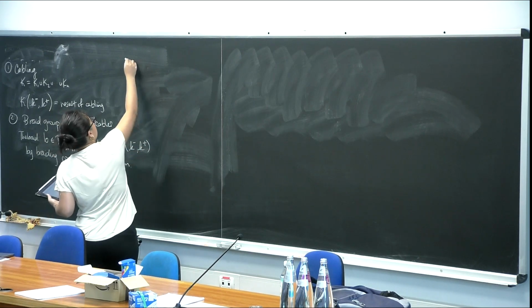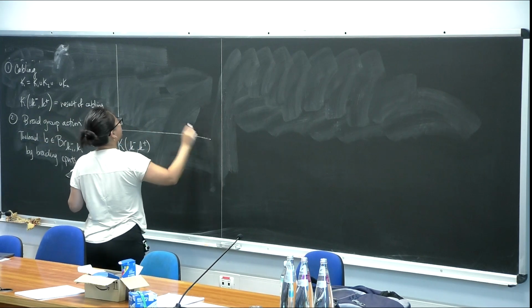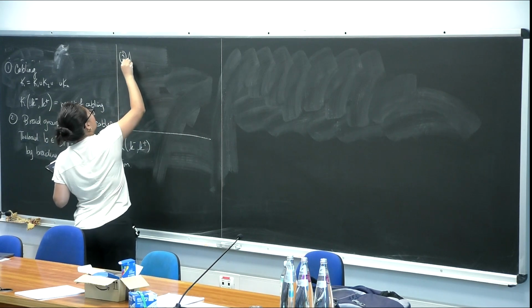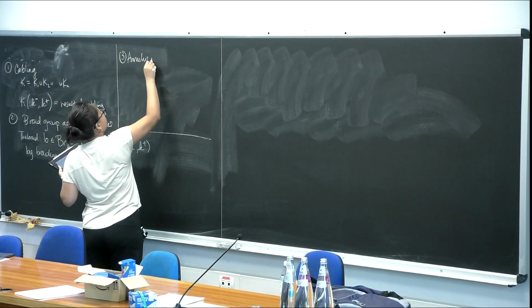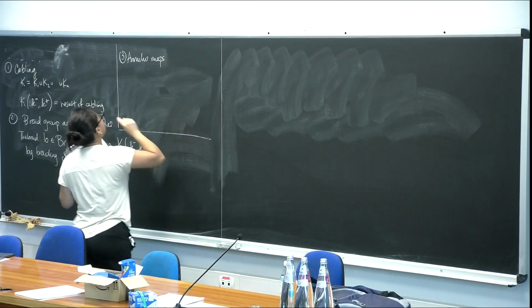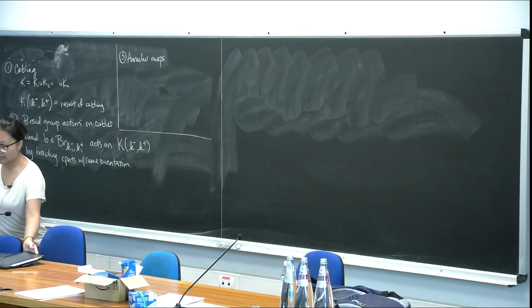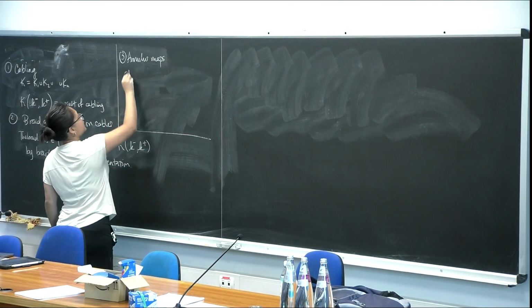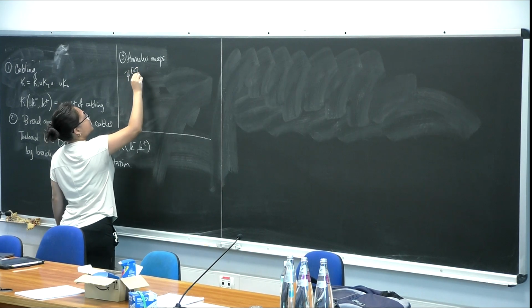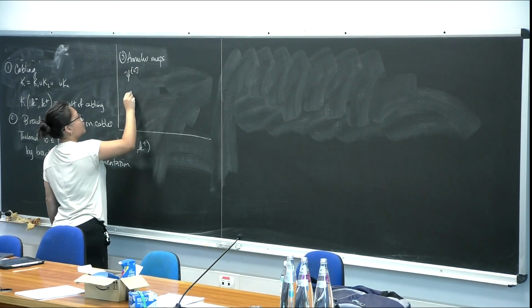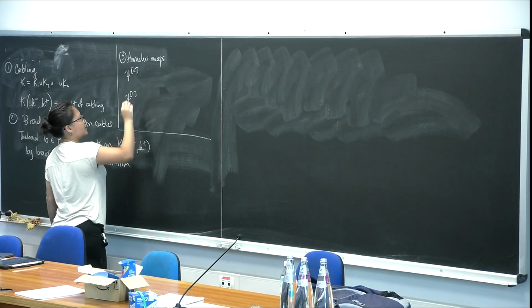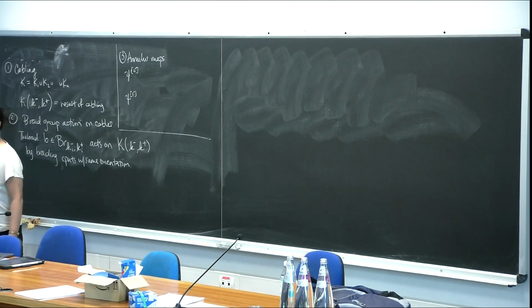Okay, and then part 3, sorry that I will have to write it here, are these annulus maps. There's technically, in the original construction, 2 annulus maps. There's one for each number of dots that you can draw on the annulus.